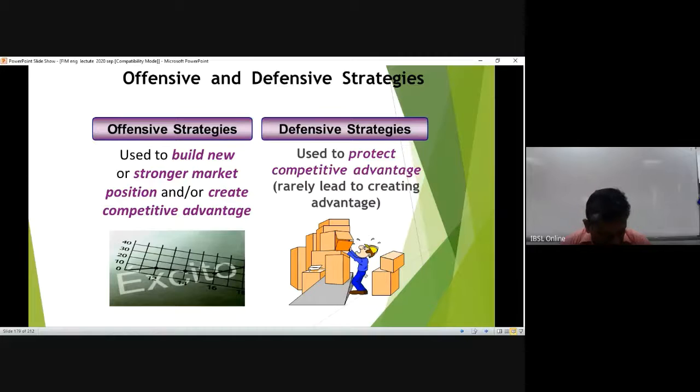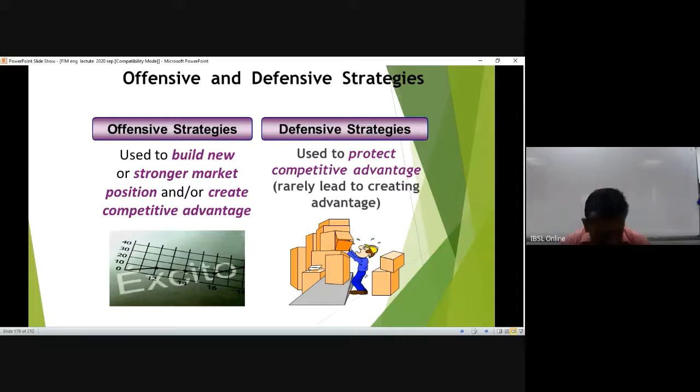In offensive strategies, you usually attack the competition. One example of an offensive strategy is the famous guerrilla marketing or guerrilla approach. That means hit and run. You look at it, you hit and run. That's called guerrilla. And sometimes you use the flank attack, under offensive strategy.